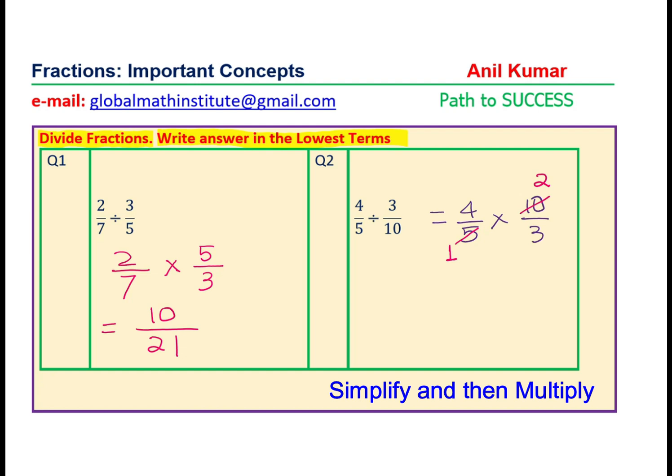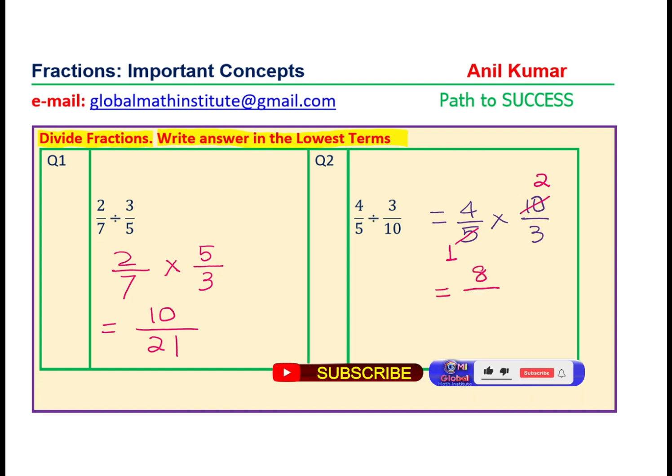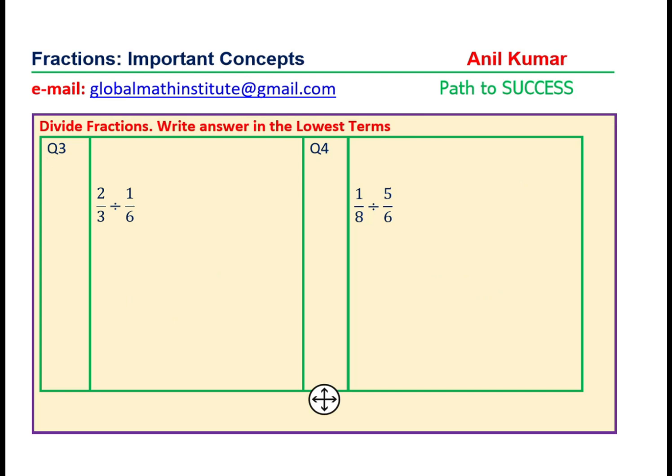Now it's a good time to multiply and write down the answer. 4 times 2 is 8, and in the denominator 3 times 1 is 3. We get our answer. So simplify and then multiply the numerators and denominators to get the answer is our strategy. Perfect.